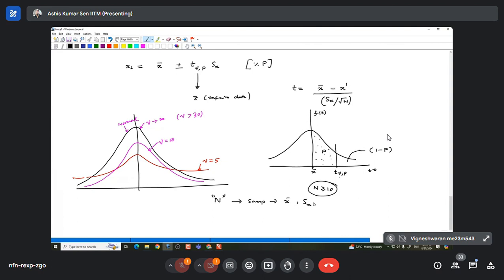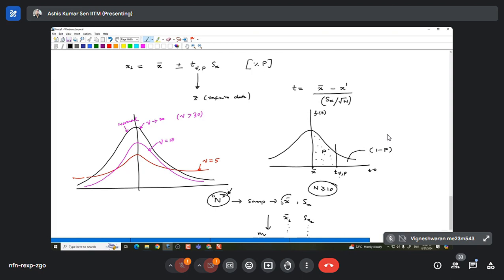Let's say you pick another 20 from the lot, and you may get some other mean and some other standard deviation, right? And if you keep on picking similar data sets, each having n measurements, let's say you carry out m different data sets, each data set containing n different measurements.